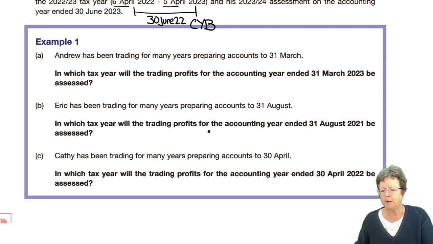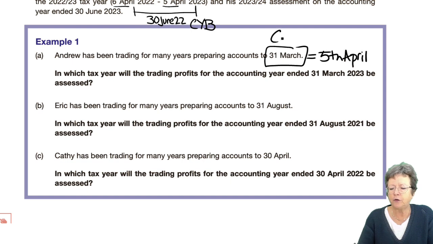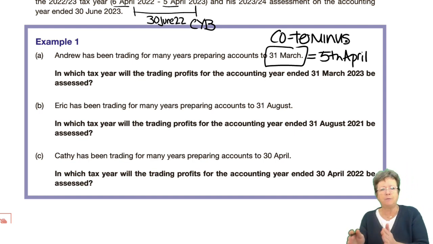Okay, Andrew has been trading for many years, prepares his accounts to the 31st of March. Now, one thing that is important with this, 31st of March is treated as being the same as the 5th of April. It's called coterminous. They are the same date. So you don't have to account for 6 days of profits.